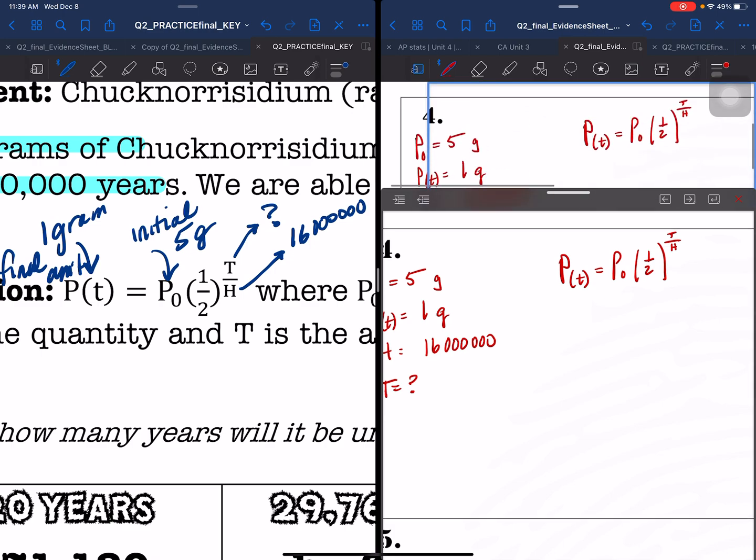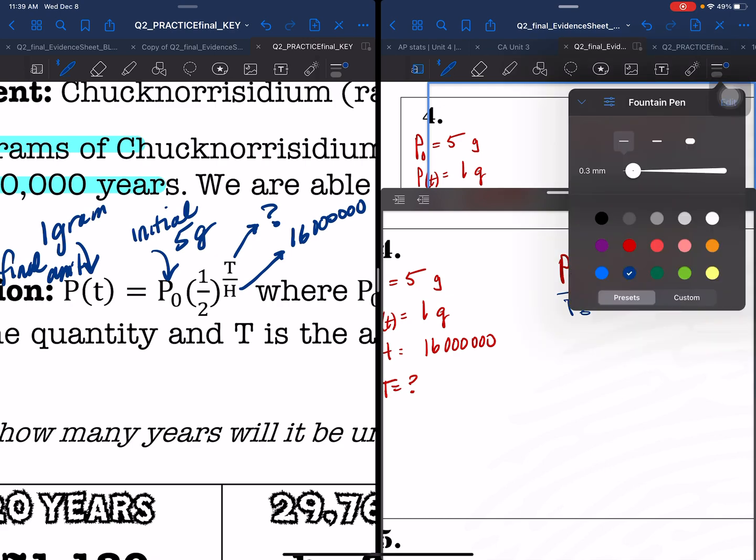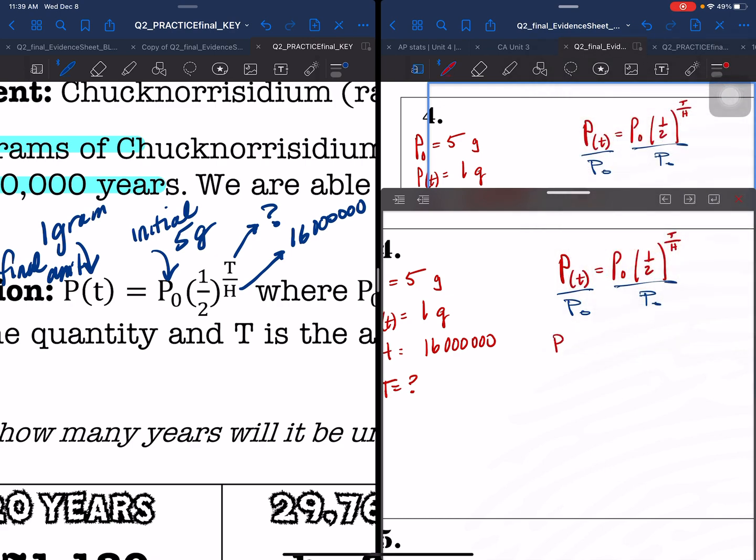First thing I want to do is isolate t, by getting things unstuck from it that are currently stuck to it. Working my way outside, I've got this P naught. I can get rid of that by dividing both sides by P naught.